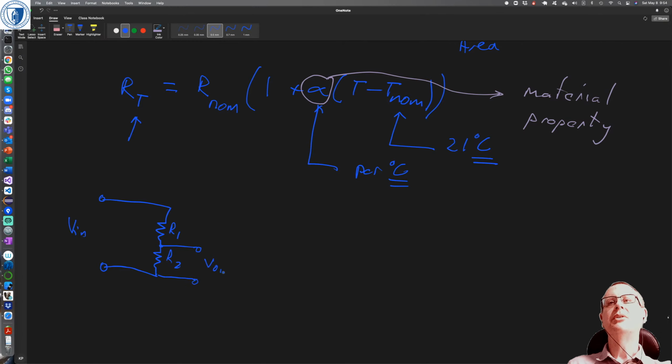Right, and a V out. And the relationship between V in and V out is that V out is equal to R2 over R1 plus R2 times V in. Okay, and from our derivation of series resistances that we did before, you should be able to derive that equation.